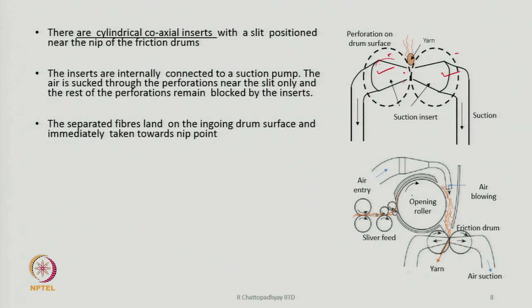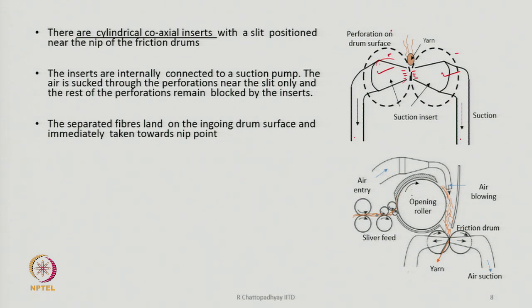The slit is here. The inserts are internally connected to a suction pump, like this is connected, this side also is connected. The separated fibers land on the ingoing drum surface and are immediately taken towards the nip point.